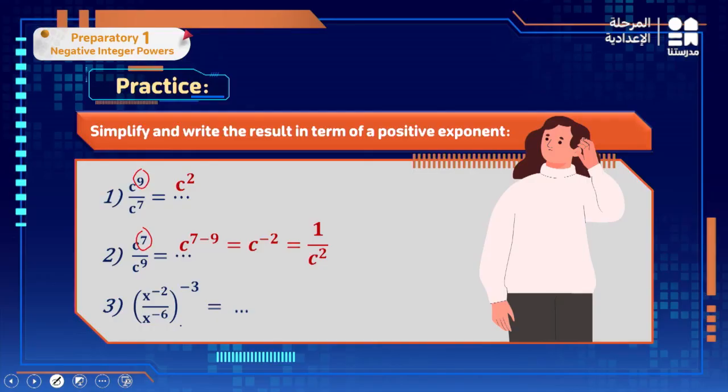Number 3, x to the power of negative 2 over x to the power of negative 6, all of them to the power of negative 3. So we are going to change the position of x to the power of negative 2, put it down, and x to the power of negative 6, raise it up. x to the power of 6 over x to the power of 2, all of them to the power of negative 3, which is x to the power of 6 minus 2, because in division we have to subtract the exponent.